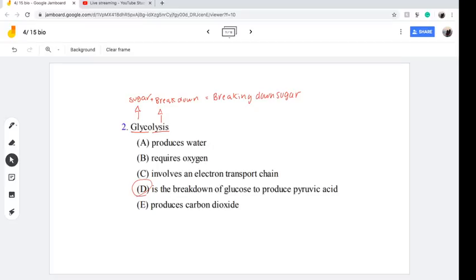So remember, we had glucose, and this will go into glycolysis, and then this will divide into two, into pyruvic acid and pyruvic acid. And then from there, we start to have more processes of cell respiration.